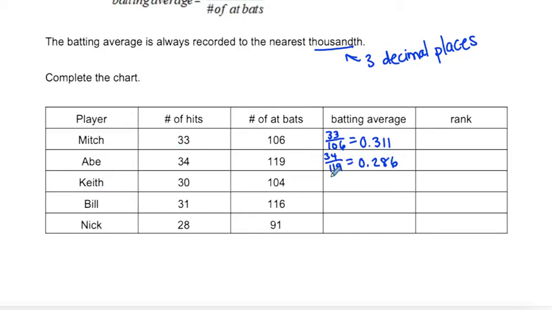So Keith, his batting average will be 30 divided by 104. And that gives us a value of 0.288. Bill has a batting average of 31 over 116.